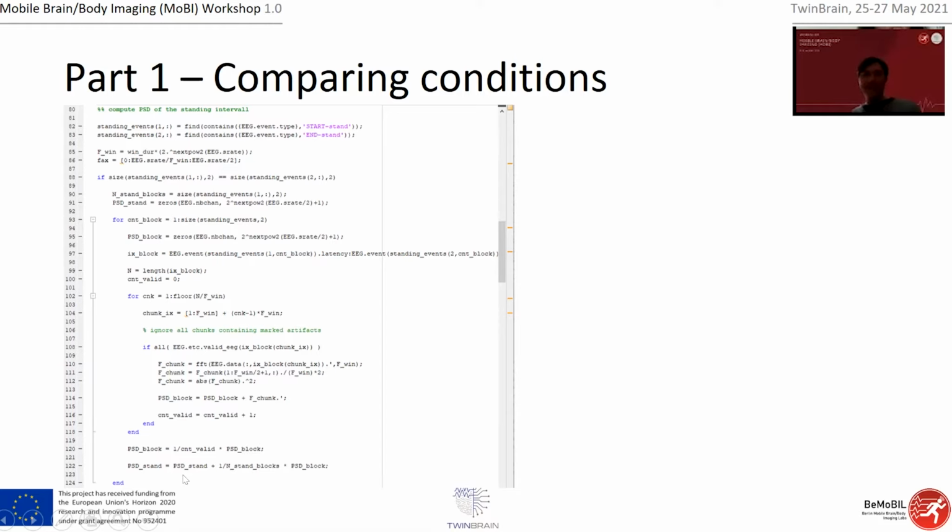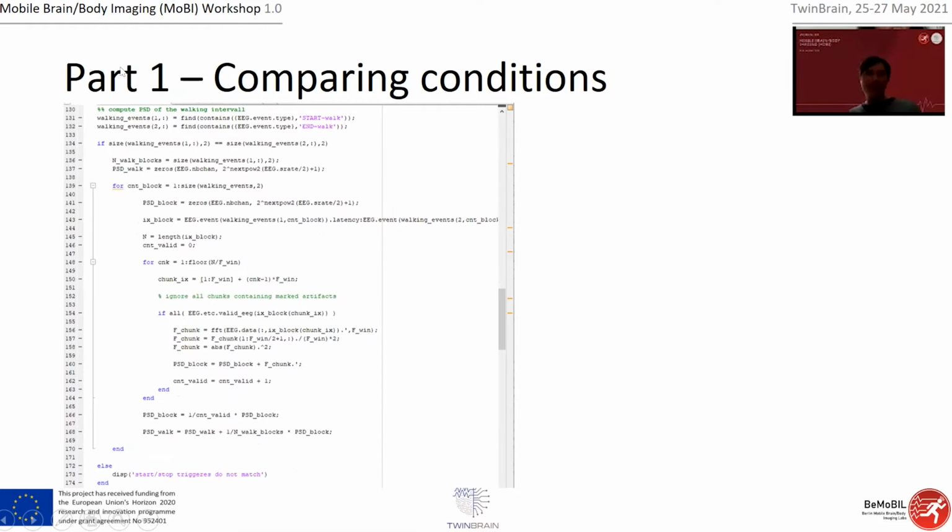I can do the exact same thing, and the code is exactly the same, for the walking epoch. The only difference is that I look for where walking starts and where walking ends. Then I do exactly the same thing and come up in the very end with a variable called PSD walk. So it's very nice. I already have the power spectral density computed for standing and walking, and now I can compare.